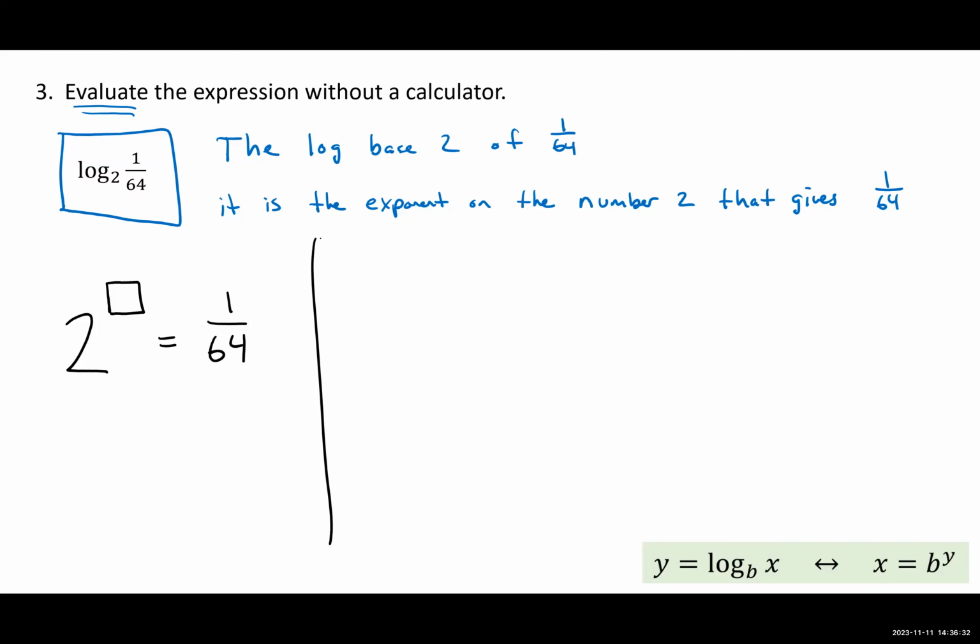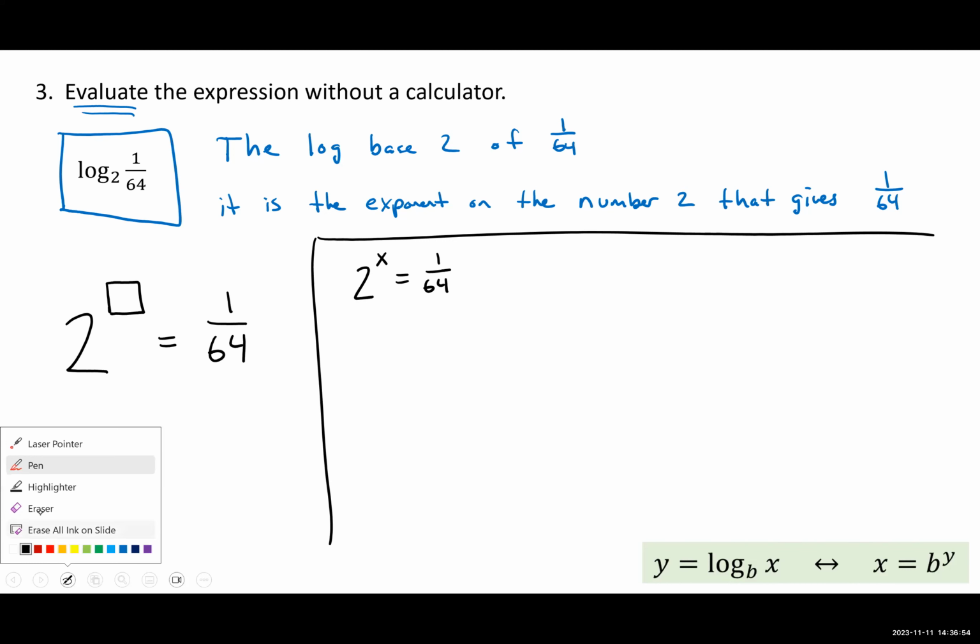All right, so let's see how we could solve for that exponent. Let's say 2 to the power of x is equal to 1 over 64. Well, it's not always possible to solve equations that look like this. The numbers have to be selected in an appropriate way. In this case, the reason we're able to solve this without a calculator, and that's the point here, what allows us to do this without a calculator?